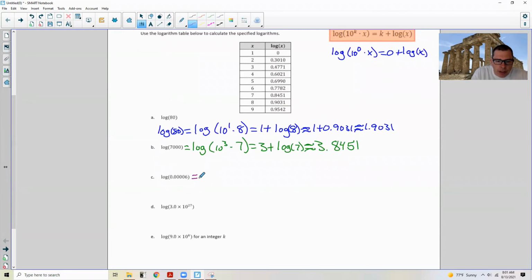This is going to equal the log of 10 to some power times 6. Well, if I'm going the other way, that's going to be negative, and it's 1, 2, 3, 4, 5 places. So this is going to be negative 5. So the log of 10 to the negative 5 times 6 is going to equal negative 5 plus the log of 6.